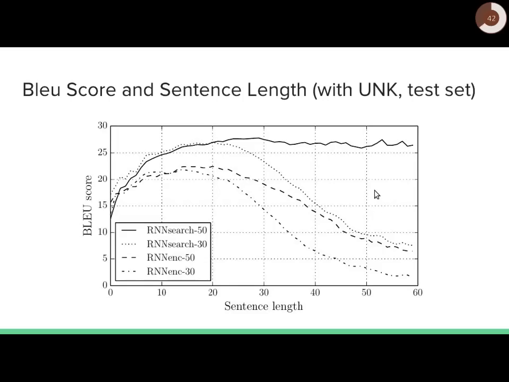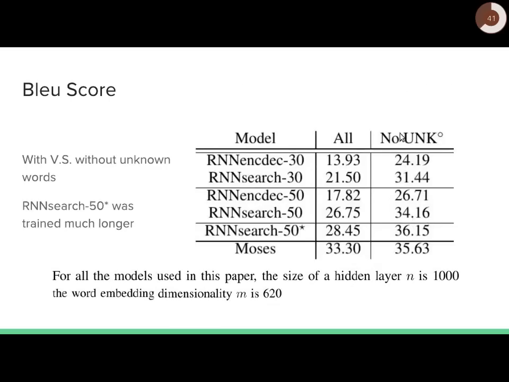So here, with no unknown words, they get quite good results. They're better than the classical approach. So higher is better here. What's the score? It's the BLEU score. I once knew correctly what the BLEU score was, maybe 2 or 3 years ago, but I forgot. Just higher is better.